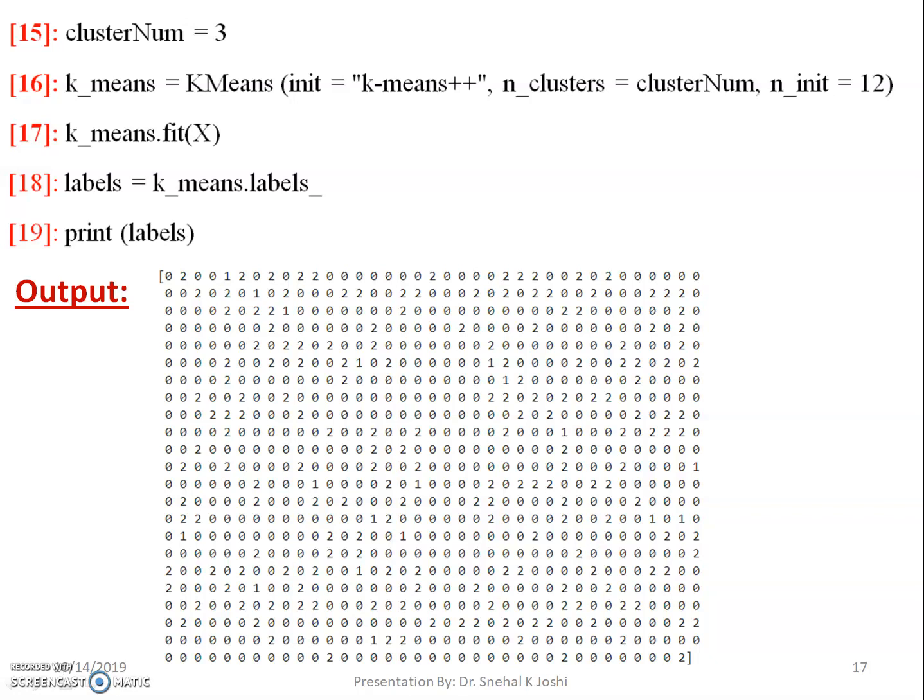Next, as shown in line 17, we fit the model. Next, we will label it. Hence, the data points will be labeled as part of clusters 0, 1, or 2. And finally, we will display it as shown in code line number 19.